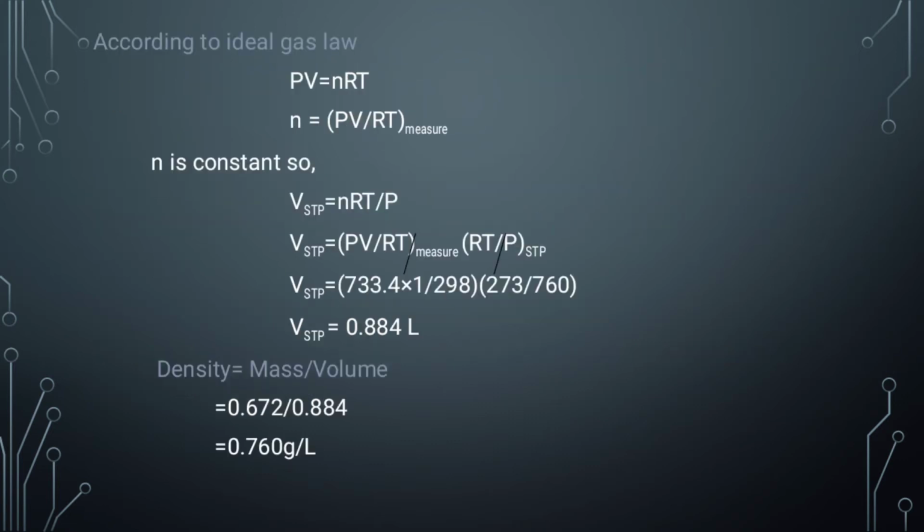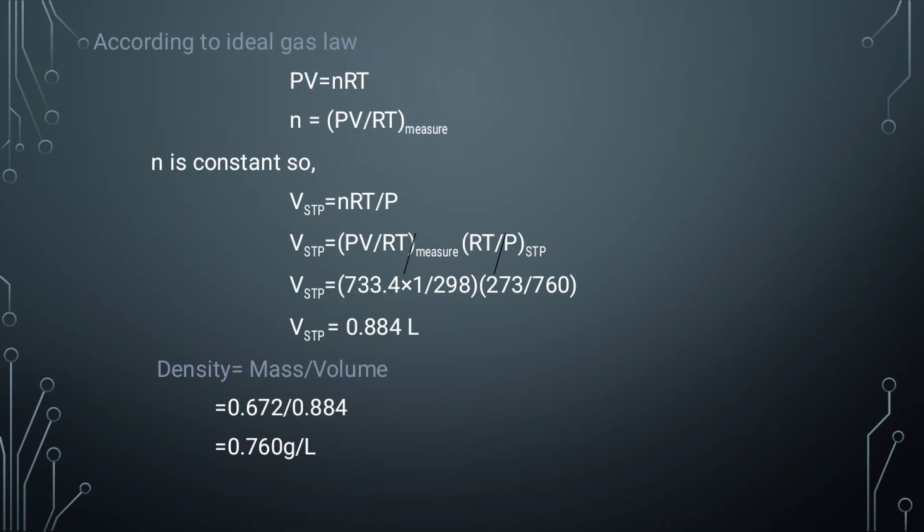According to the gas law equation, PV = nRT. So n = PV/RT. Since n is constant, V at STP is equal to PV/RT at the given conditions. So we put in the values. We get V = (733.4 × 1 × 273)/(298 × 760).